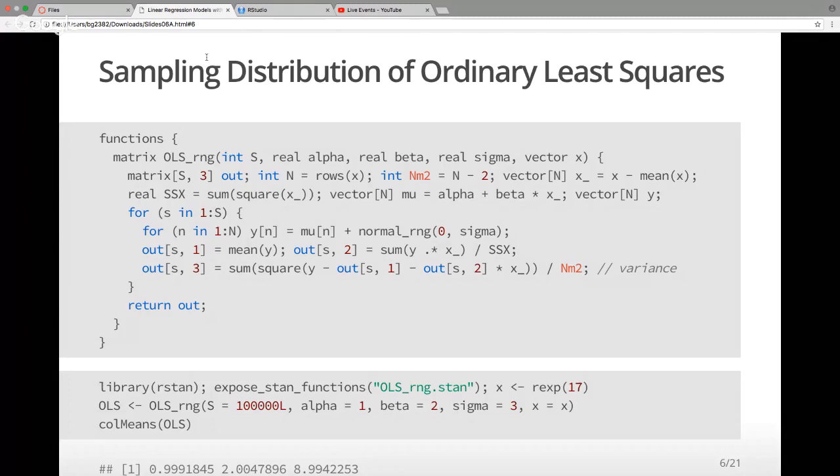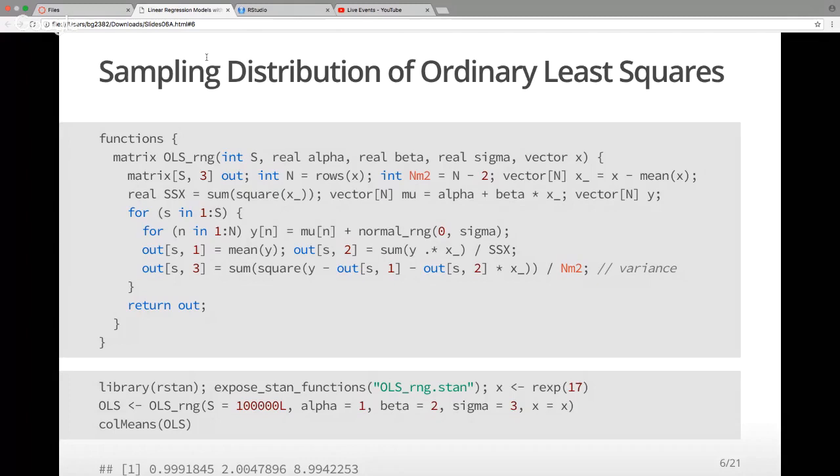Anyway, we create mu, alpha plus beta times X centered, to be the conditional expectation of Y, and then we'll allocate but not fill in yet a vector of length N for our outcomes. Then we're going to loop over the number of simulations that we want to do.